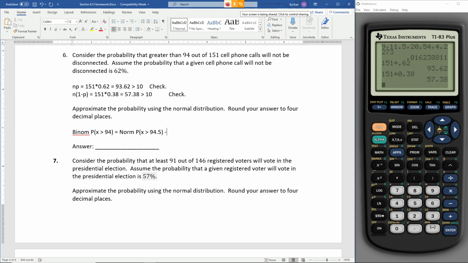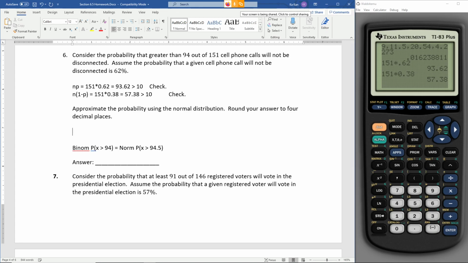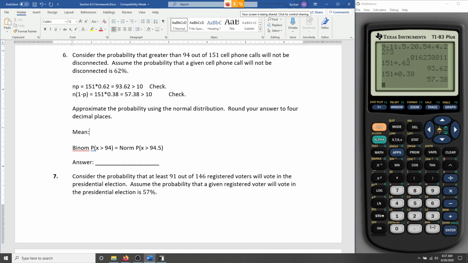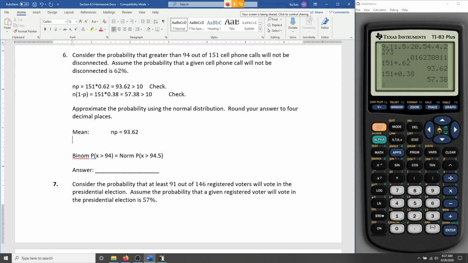So we got to do the normal distribution using this. We already know the mean, which is n times p equals 93.62. So now what's the standard deviation?